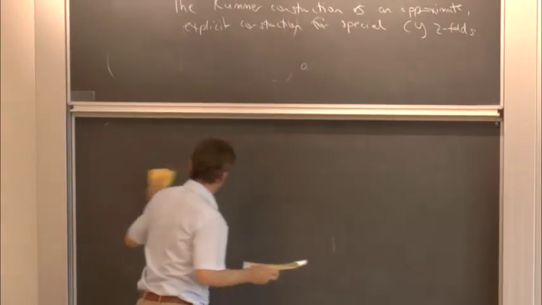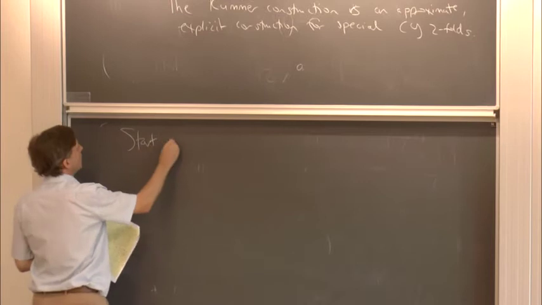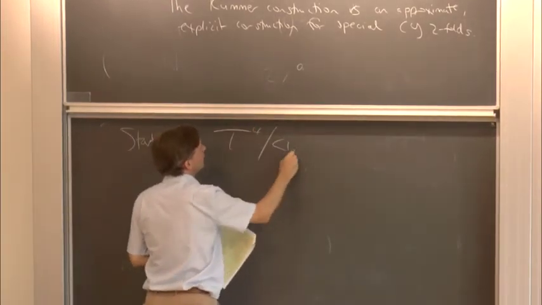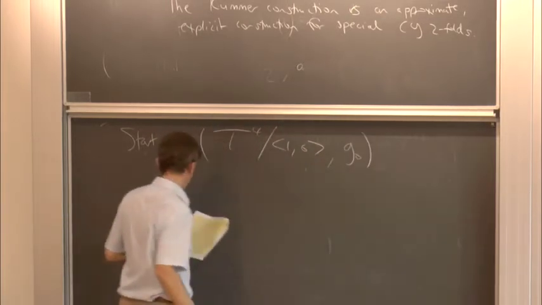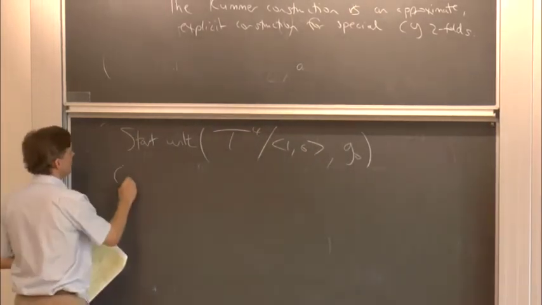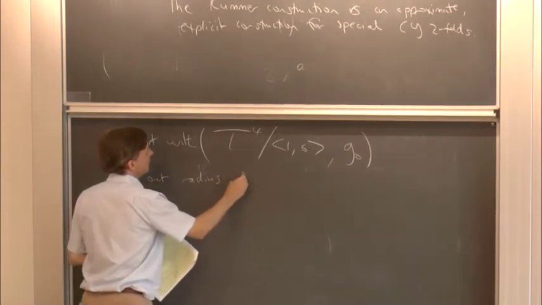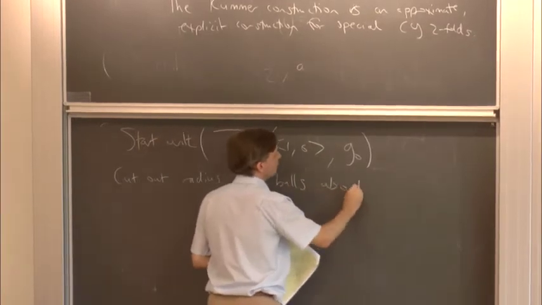But what we do is we start with our T4 over plus or minus 1, with its metric g0. And we cut out balls of radius epsilon on 2 about each singular point.